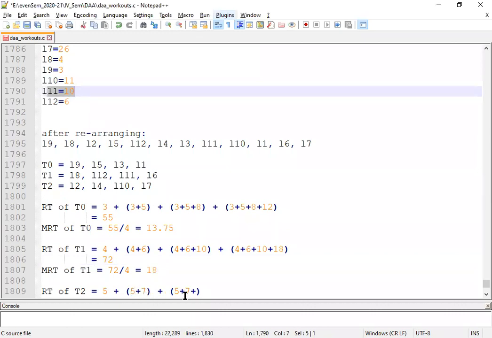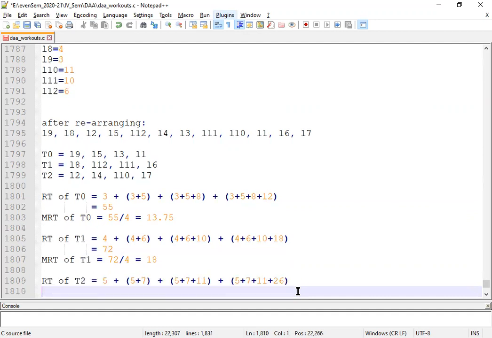So 10 means the previous two values, 5 plus 7, and then plus, sorry, L10, that is 11 value. We get 11 here, plus, then the last one is L7. L7 is 26. So 5 plus 7 plus 11 plus 26. So let's add all these values. We get the sum as 89.